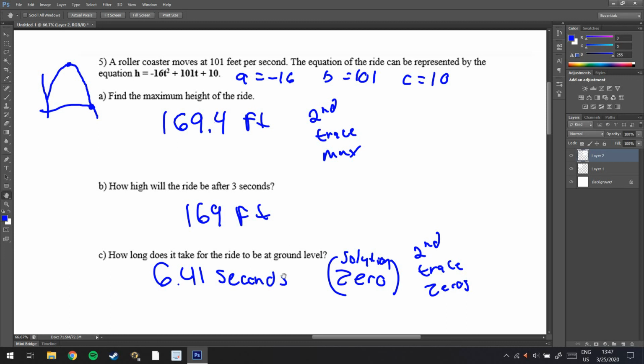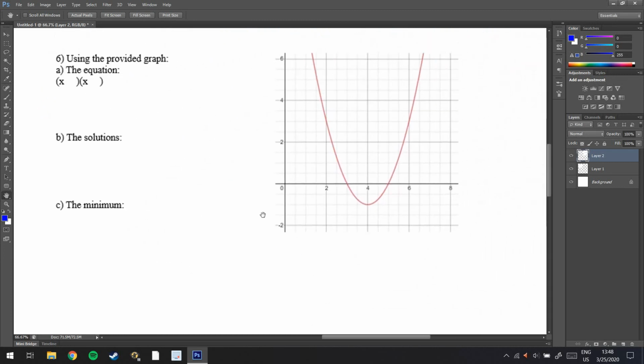Okay. Last but not least, a couple of people were out for this one. So for here, we are trying to use the graph to find an equation, the solutions, and the minimum. If we look, it intercepts the x-axis at, well, this is 4, this would be 5, and this would be 3.